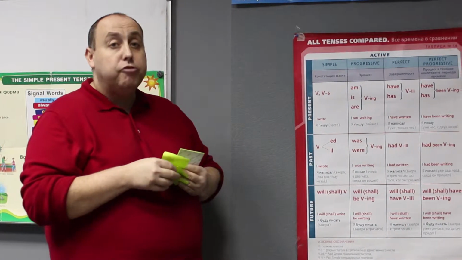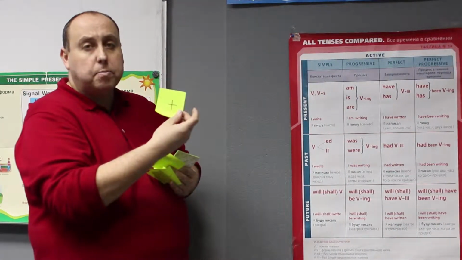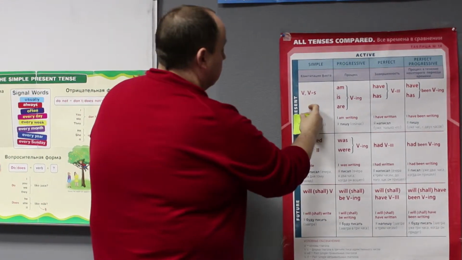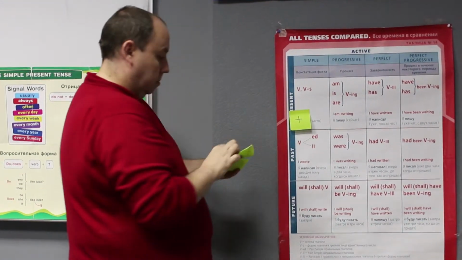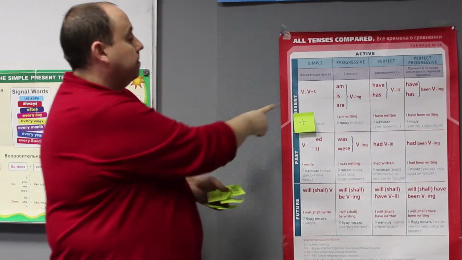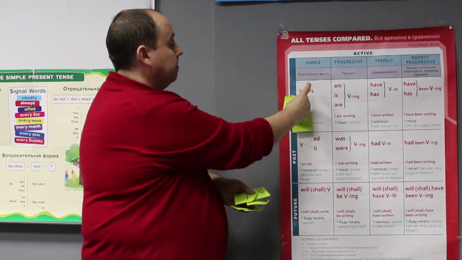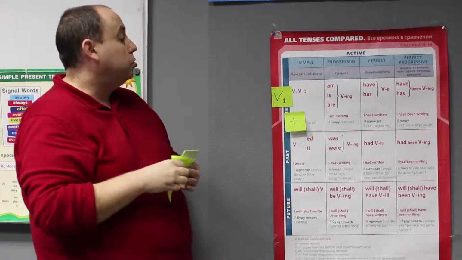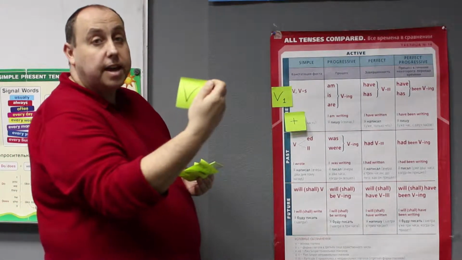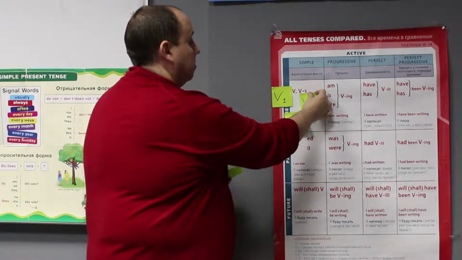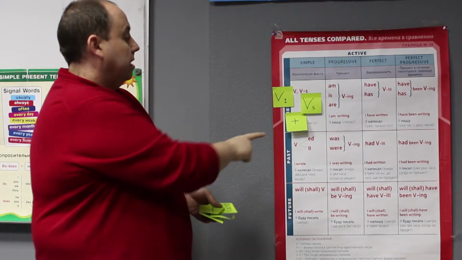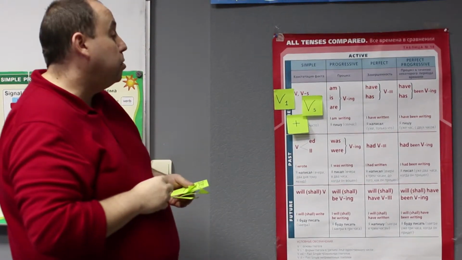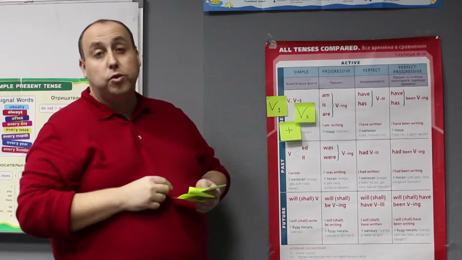So, in the present simple, when we have a positive statement, let's put the positive sign here. We use the verb in the first form, and we also use the verb adding the letter S. That's for a positive statement. However, things change when we use a negative statement or if we have a question.